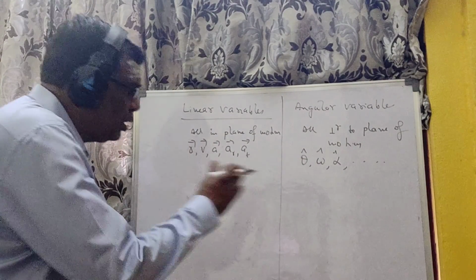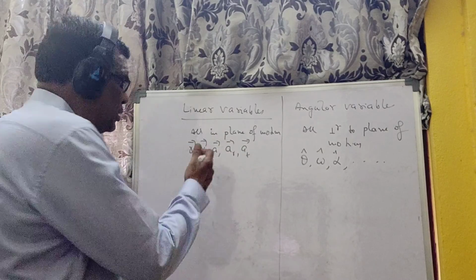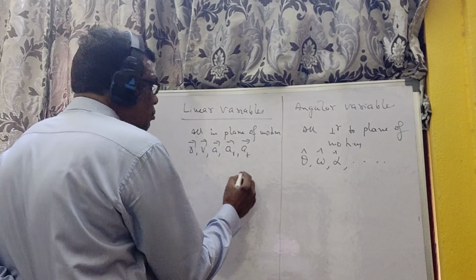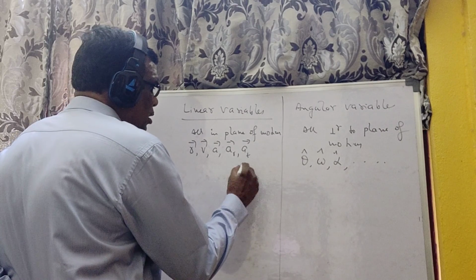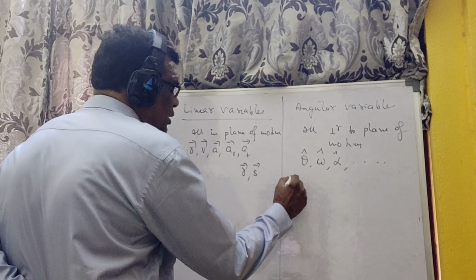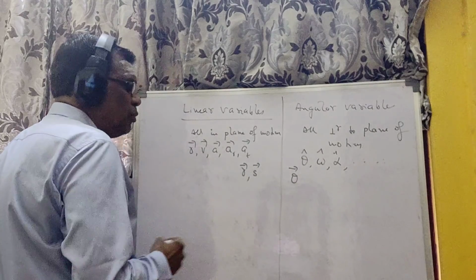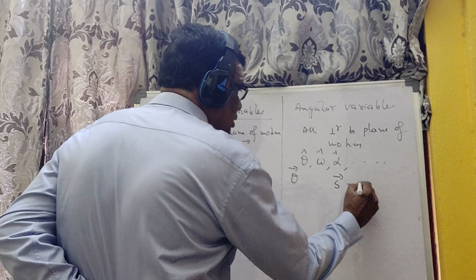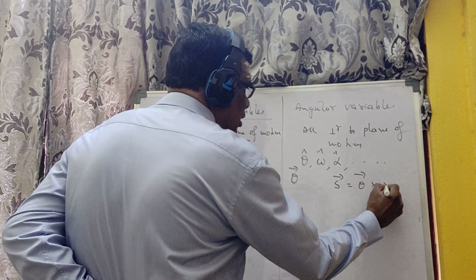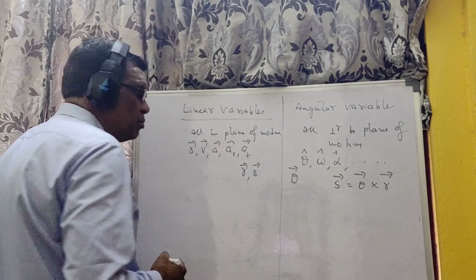Now, what are all the corresponding things? I'll just try to put it here. What we talk of as position or displacement is theta bar. What is the relation? Your s bar is theta cross r.